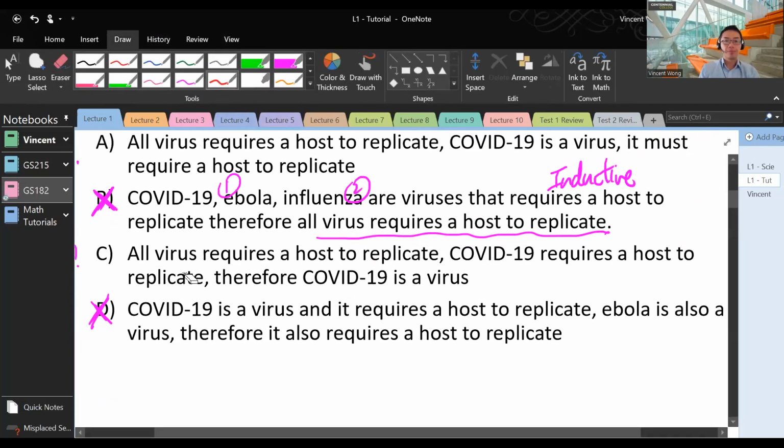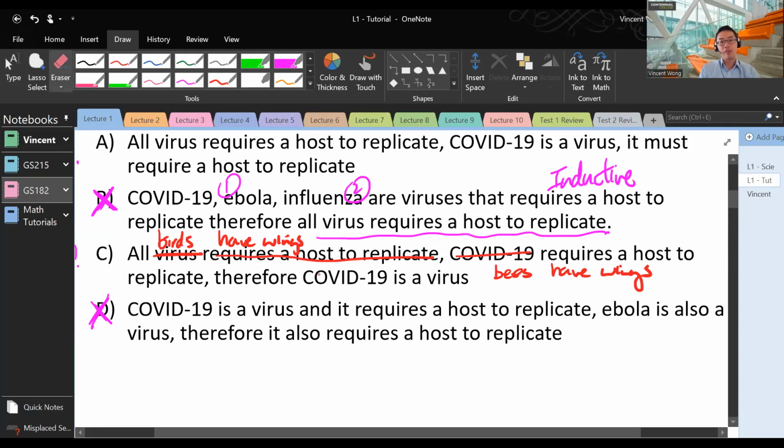So here, instead of saying all viruses, we will say all birds have wings. Instead of saying require a host to replicate, we'll say have wings. All birds have wings. And then instead of COVID-19 requires a host to replicate, I'll say bees have wings. Going in the same format as this statement, what's my conclusion?